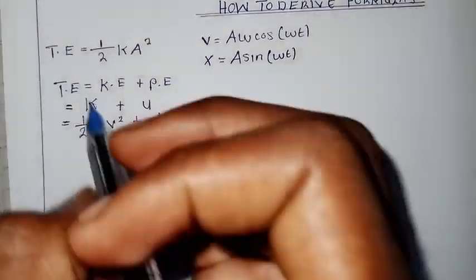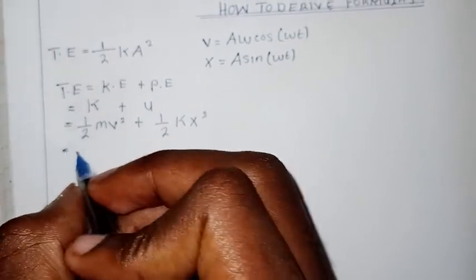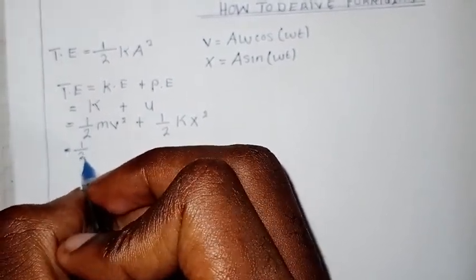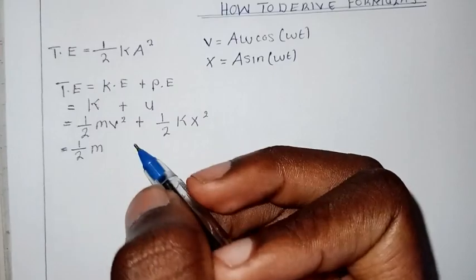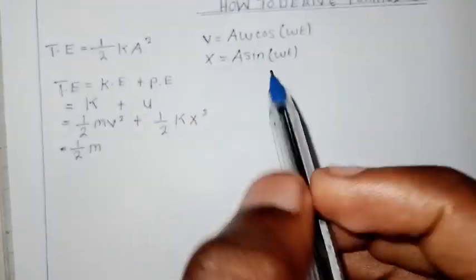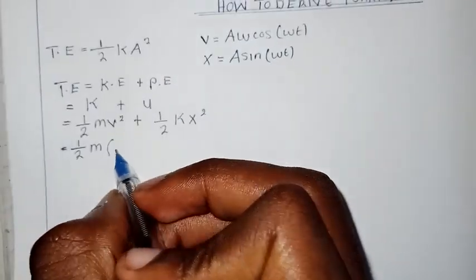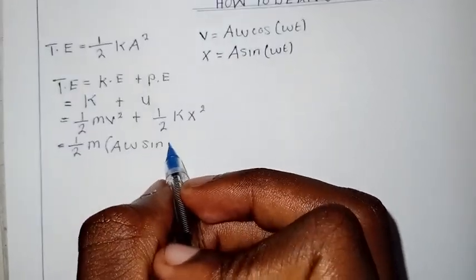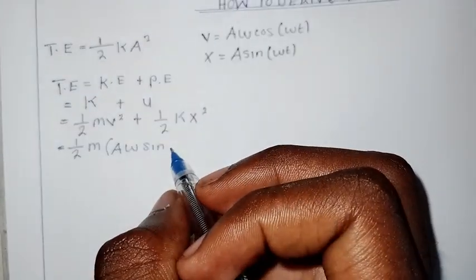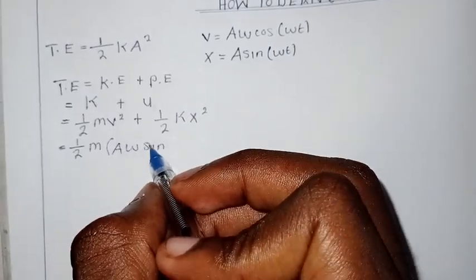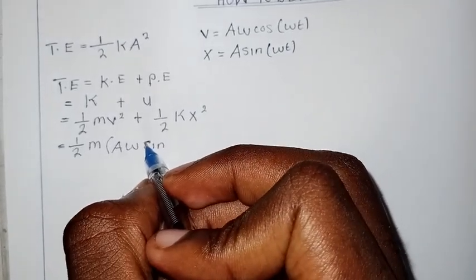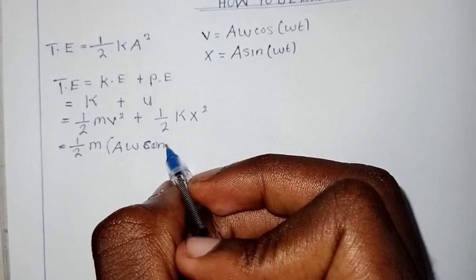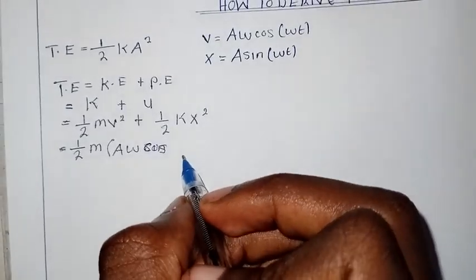Now, we can replace where there is V with this expression. So, I'll put A omega. This is supposed to be cosine, so I'll put a cosine here.